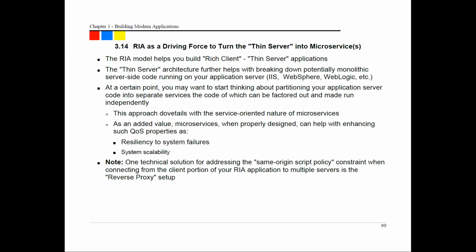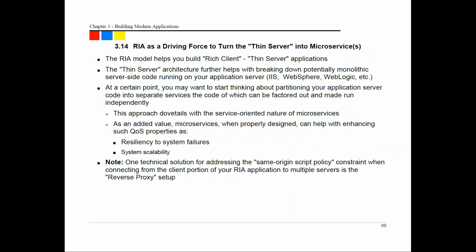No point in having a separate implementation of that inside every backend for front end. So it drives us towards a service-based approach, and being RESTful and relatively contained. That says microservices all over it. As an added value, microservices can help with resiliency to system failures and system scalability.